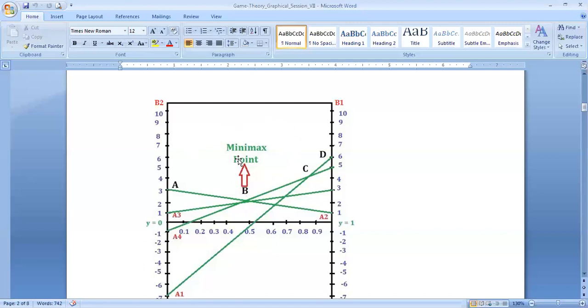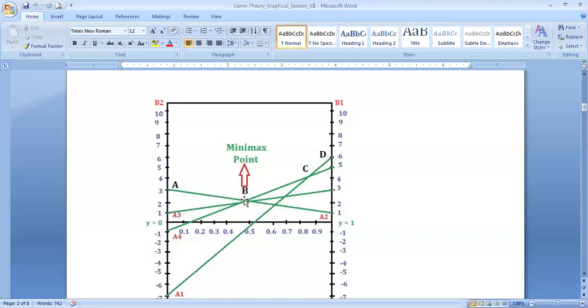In that maximum, we have to search for the point or location which is lowest. So point B is lower. A is not lower. C is not lower. D is not lower. So this B is the point nearest to the zero line. This is the zero line. So that is the lower point, and that lower point is to be found, which we call the minimax point.